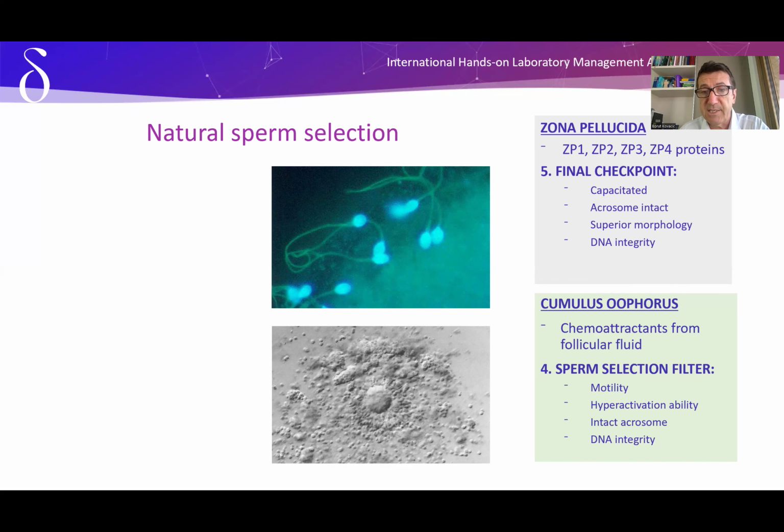Zona pellucida is the most stringent filter for sperm, especially the zona pellucida 3 protein that represents the place where the sperm attach to the zona pellucida. And as we can see on this immunofluorescent image, only morphologically optimal sperm can attach to the zona pellucida, and they are selected according to capacitation, acrosome intactness, superior morphology, and DNA integrity.